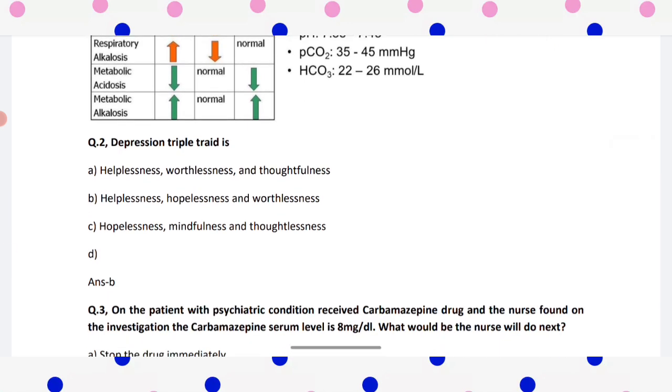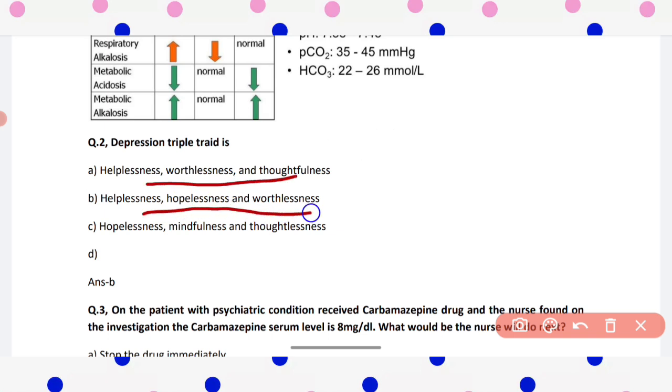In depression, what is called the triple triad? Helplessness, worthlessness, thoughtfulness; helplessness, hopelessness, worthlessness; hopelessness, mindfulness and thoughtlessness. Understand the options very clearly. In case of depression, what characteristic features will the patient have? Definitely helplessness will be there, worthlessness will be there.